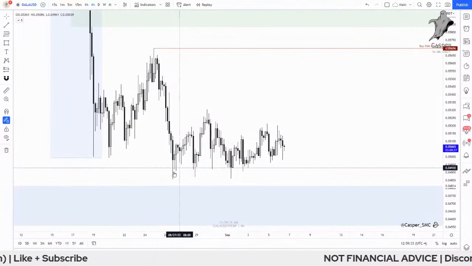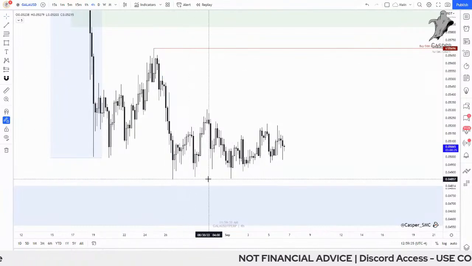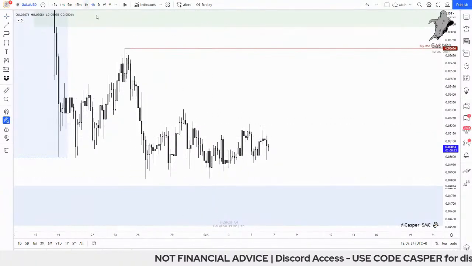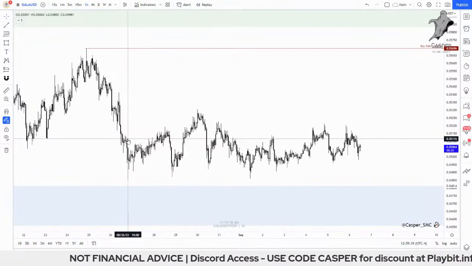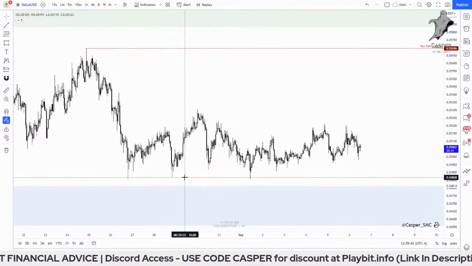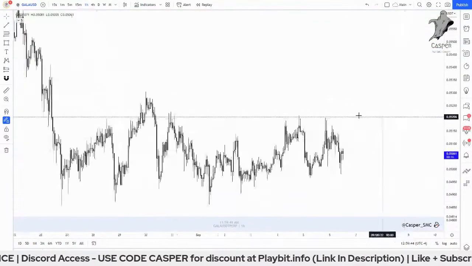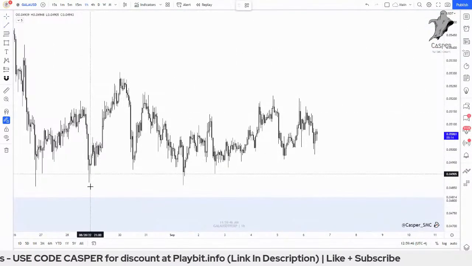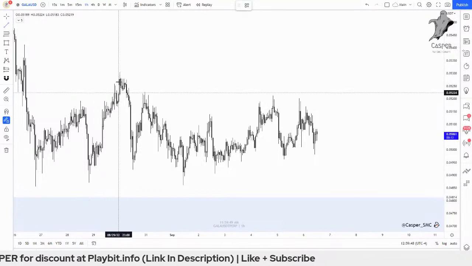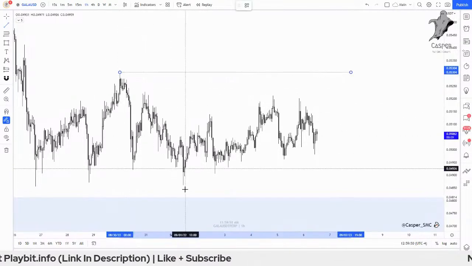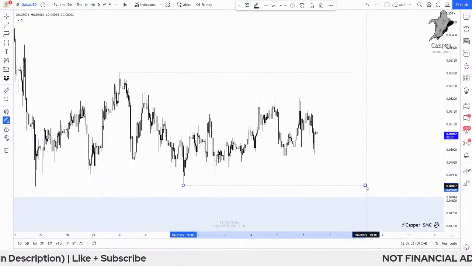Just like everything else, we've got all these ominous lows that are kind of just lurking. The 1-hour theoretically would still be bearish if you use wicks for internal structure, which I do, because we pipped that there. So the structure would be bearish in the 1-hour as well.